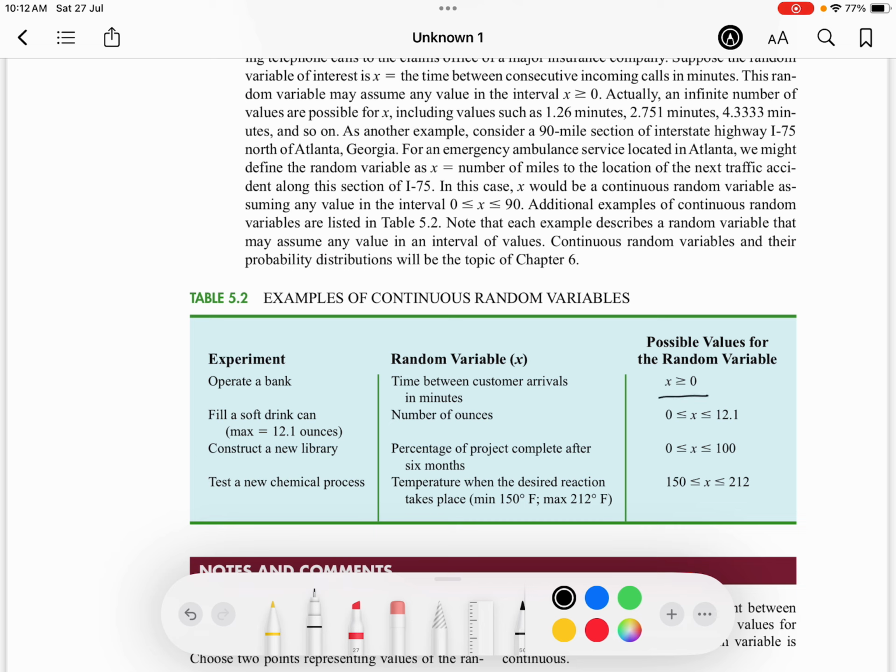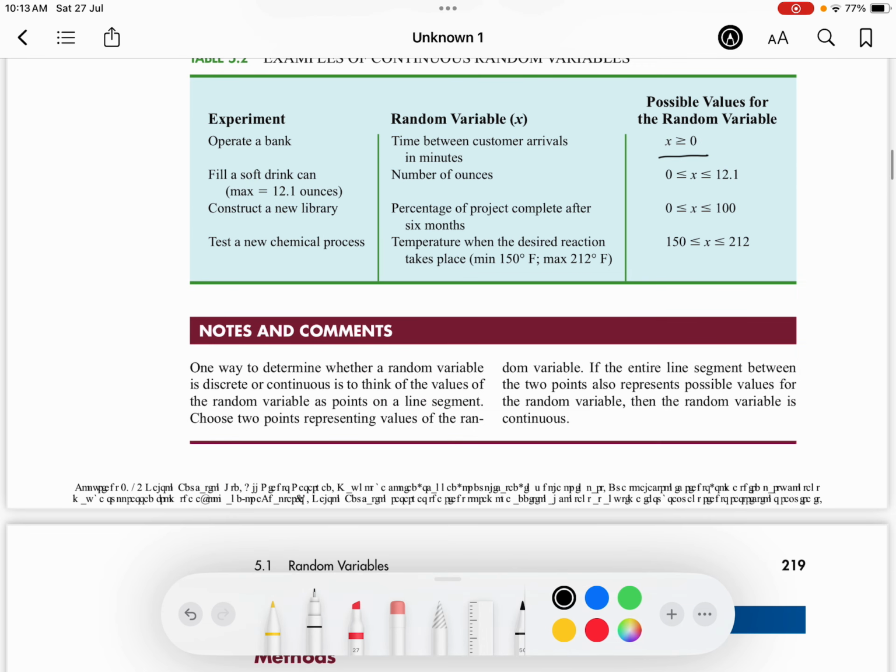Fill a soft drink can with max 12.1 ounces, number of ounces, x greater than or equal to 0 and less than or equal to 12.1. Construct a new library, percentage of project complete after 6 months, x between 0 and 100. Test a new chemical process, temperature when the desired reaction takes place, minimum 150 Fahrenheit, maximum 212 Fahrenheit, x between 150 and 212.